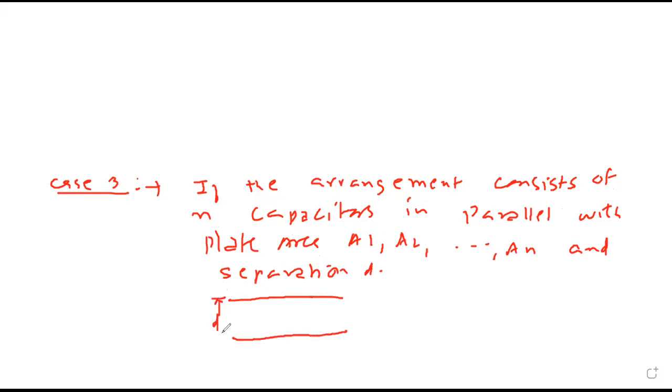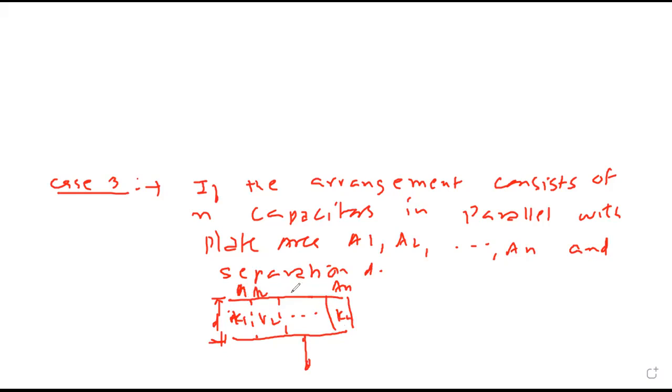Separation is constant, but area is getting divided. This A1, A2 up to An, where dielectric is K1, K2, Kn. So this is parallel combination.